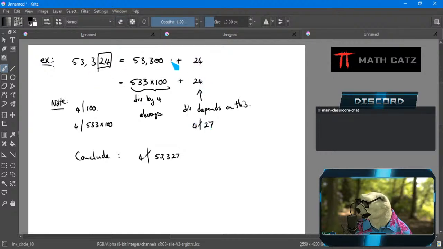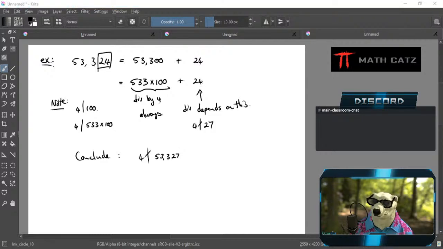So if I look at the last 2 digits, do I have divisibility by 8? Well, we can cheat a little bit and use our calculator to divide the original number by 8. So 53,324 divided by 8 is 6,665 and a half, and you see that it is not divisible.